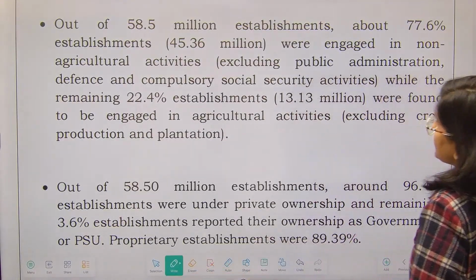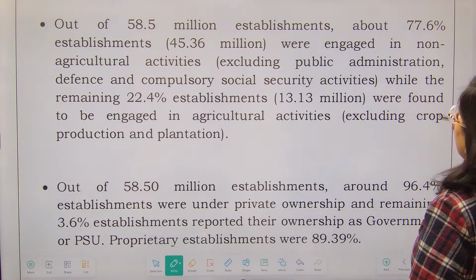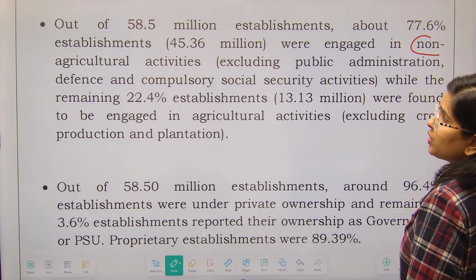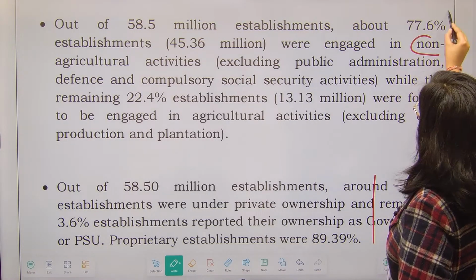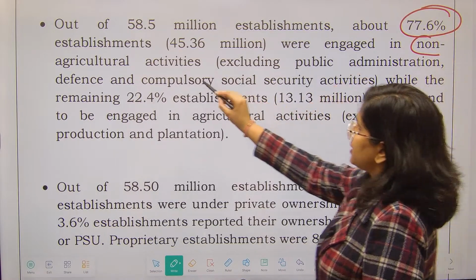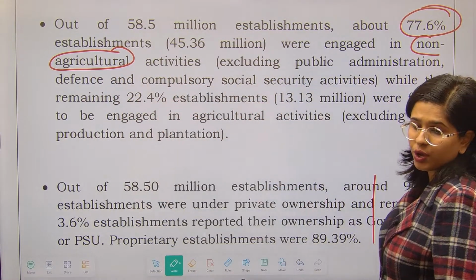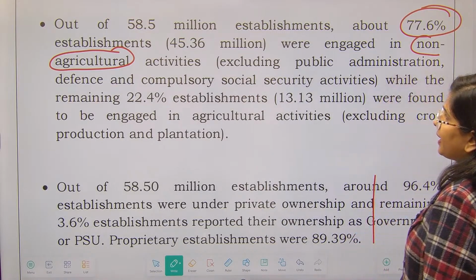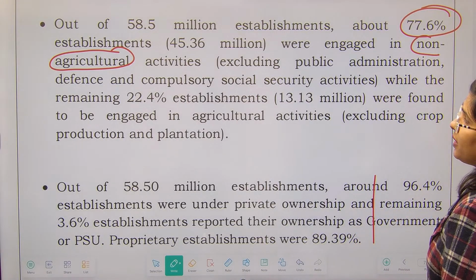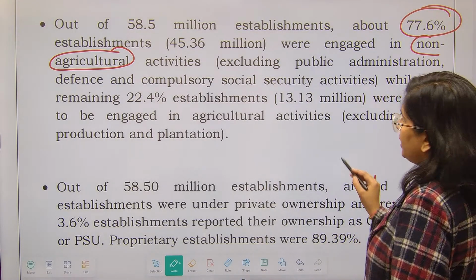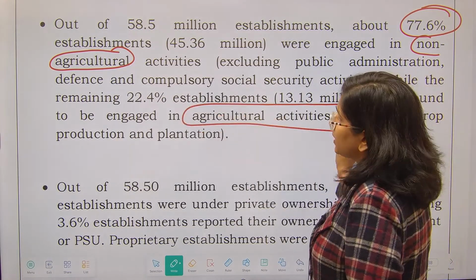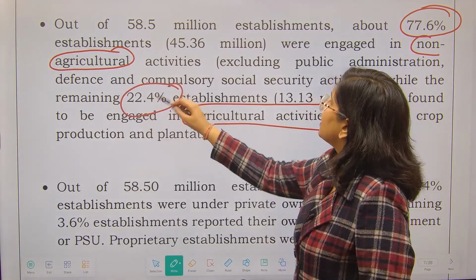Now, even out of these total 58.5 million establishments, there has been a further segregation. And what does this segregation talk about? 77% of the establishments are in agricultural activities. See, 77%, that means a huge majority is in agricultural activities, while the remaining 22% were in non-agricultural activities excluding production and plantation, right?